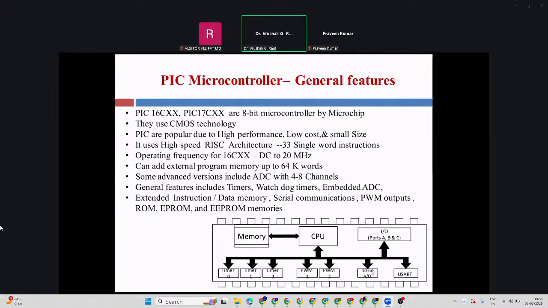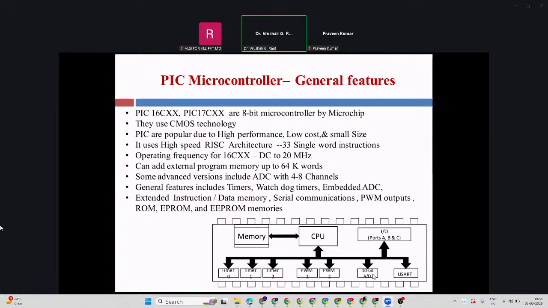Internally, the ADC is there. A 10-bit ADC is there, which is going to convert your analog signal into digital with how much resolution? 10-bit resolution, and it will be passed to your CPU for further working. So that is A to D conversion.